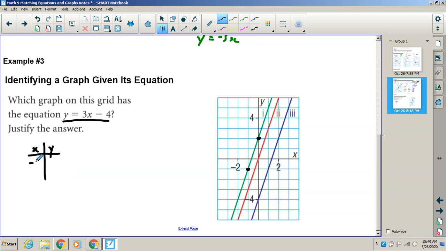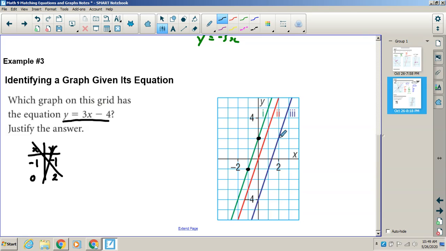And this ordered pair is 0 and 2. And what I'm going to do is see if these fit into this equation. So if I go 3 times x, so 3 times negative 1 is negative 3 minus 4 does not equal negative 1. So I know that line number 1 does not belong with that one.